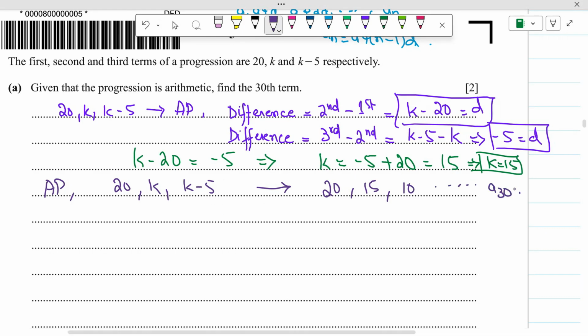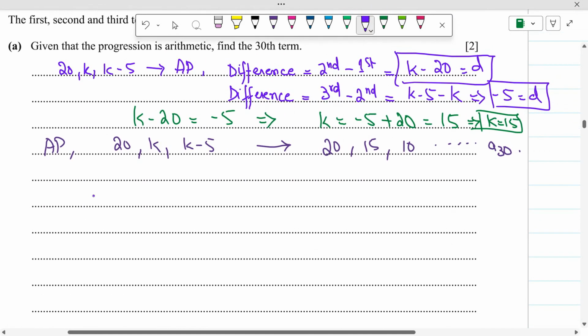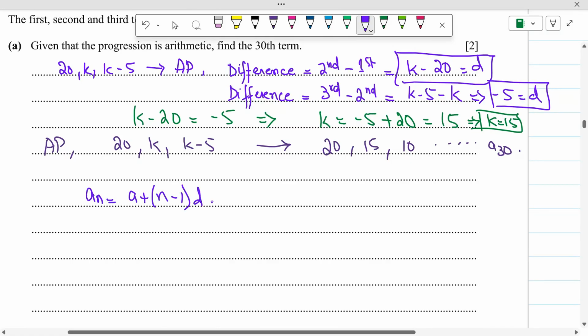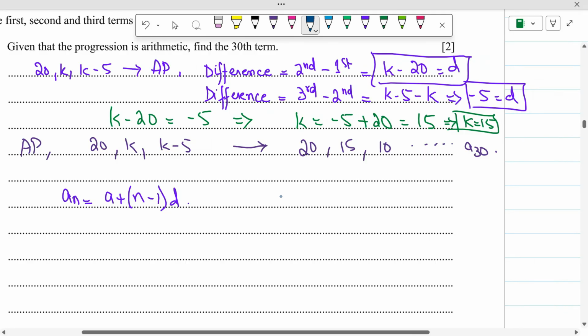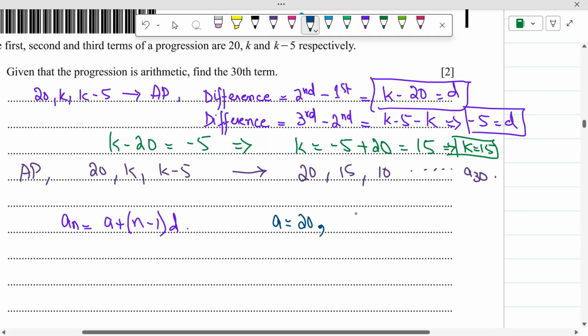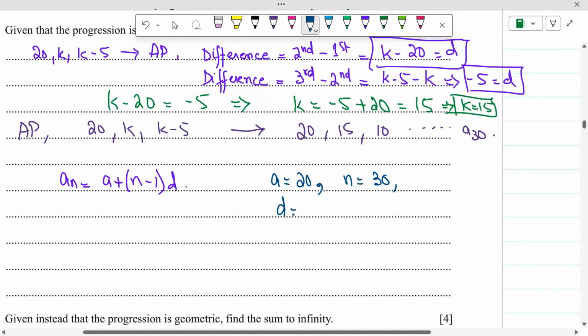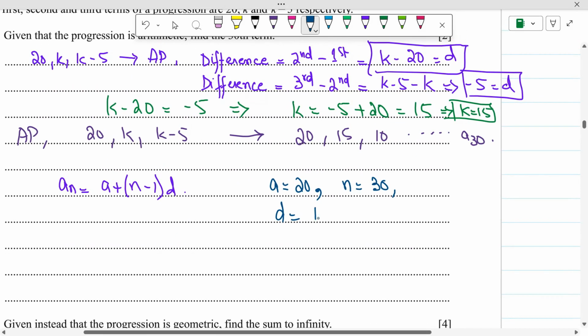We need to find the 30th term, and we know that the 30th term can be found using the nth term formula, a plus (n minus 1) times d. Here a is the first term, which is 20. We need the 30th term, so n is 30, and the common difference is second term minus first term, 15 minus 20, which is negative 5.